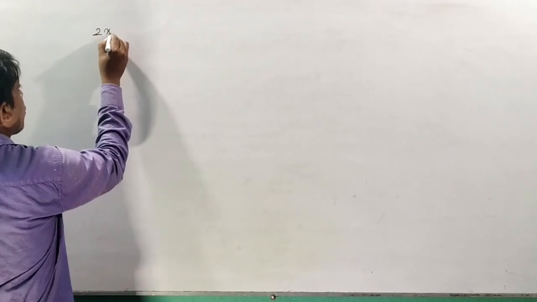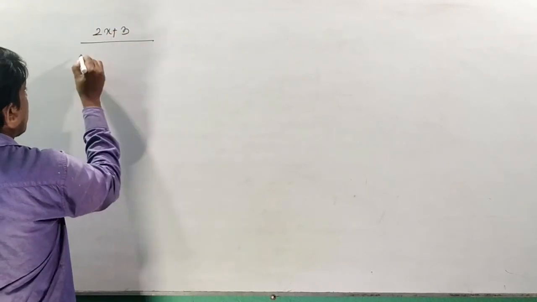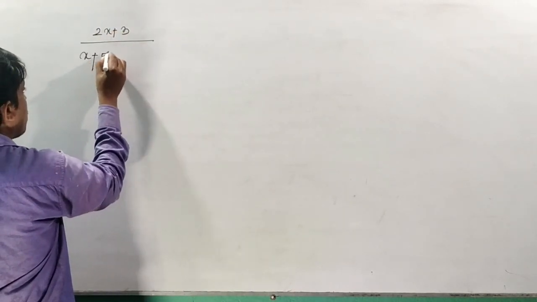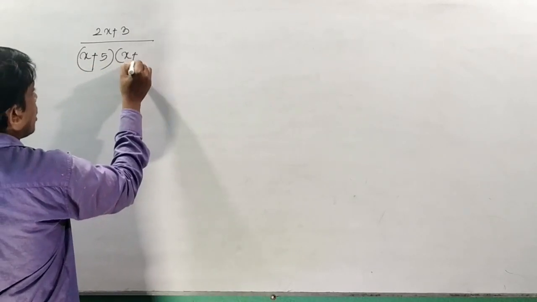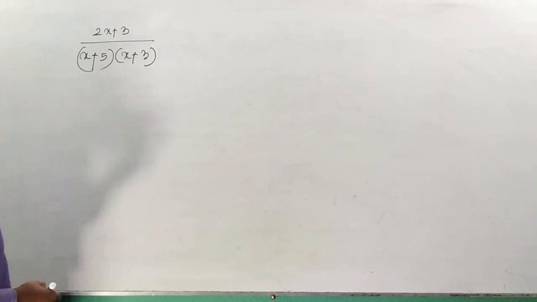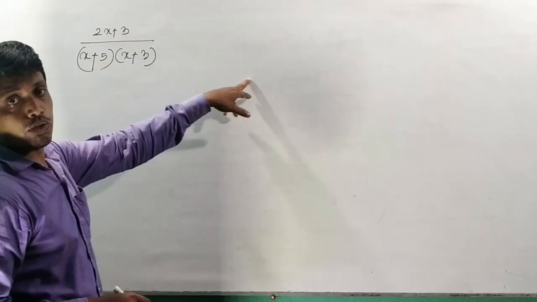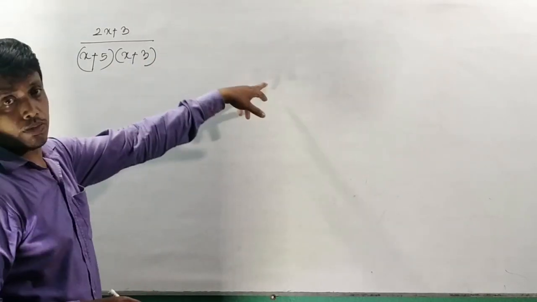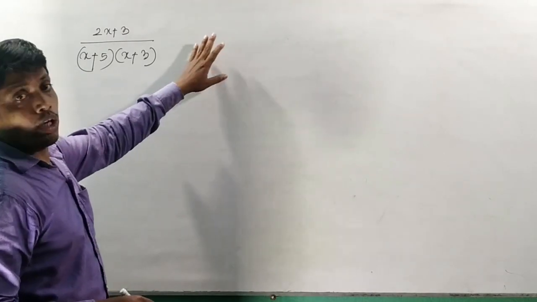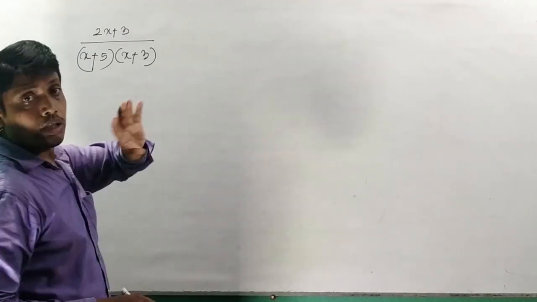Here is a case, 2x plus 3 by x plus 5 into x plus 3. We cannot easily say that this is your 2 by x plus 5 plus 3 by x plus 3 or 4 by x plus 5 plus 7 by x plus 3. What will arise? We cannot say easily.